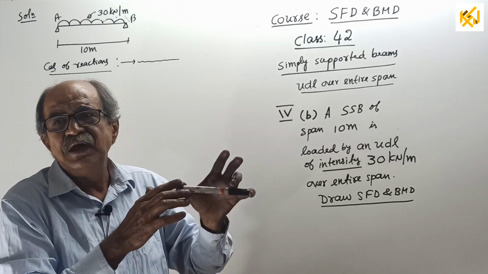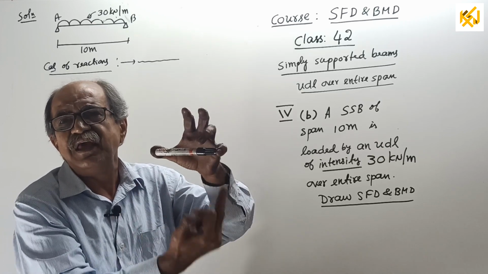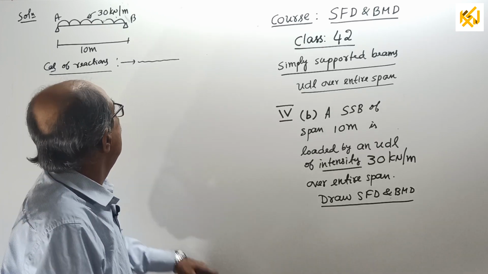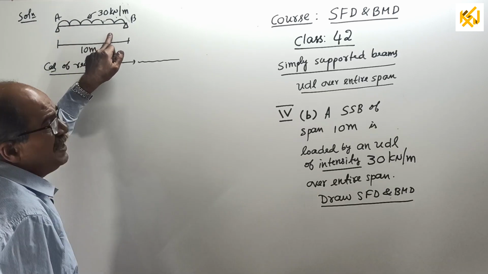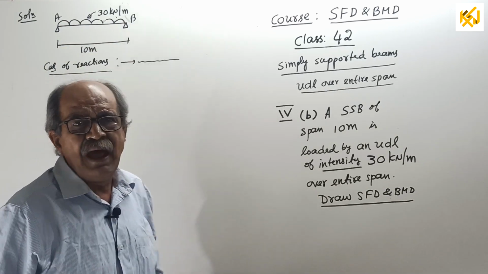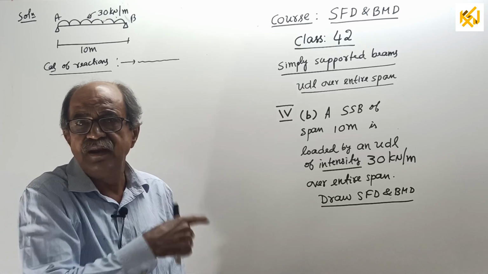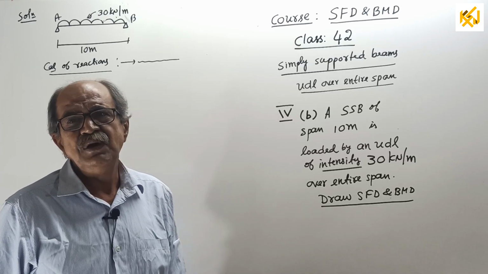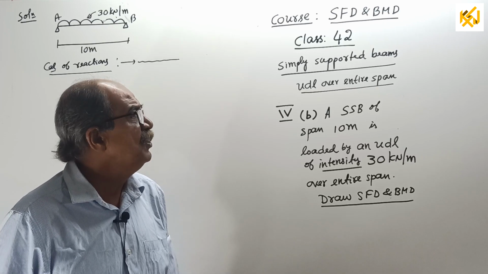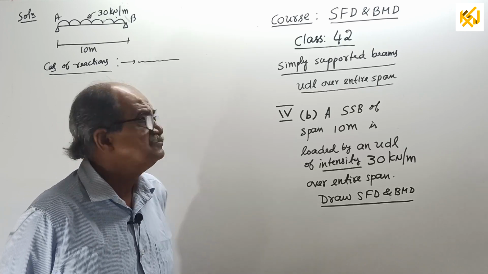But for SFD BMD, you need only vertical reaction. Someone can comment, if I apply horizontal load, this beam is unstable. I will tell, I am not applying horizontal load. Have you applied horizontal load? No. Then keep quiet. Sometimes a harsh answer is required for people who unnecessarily comment.